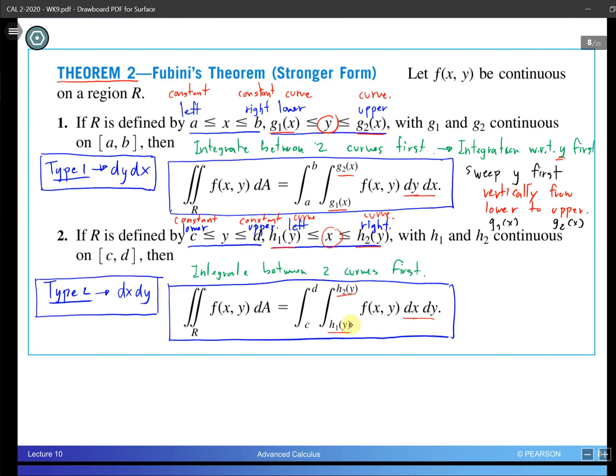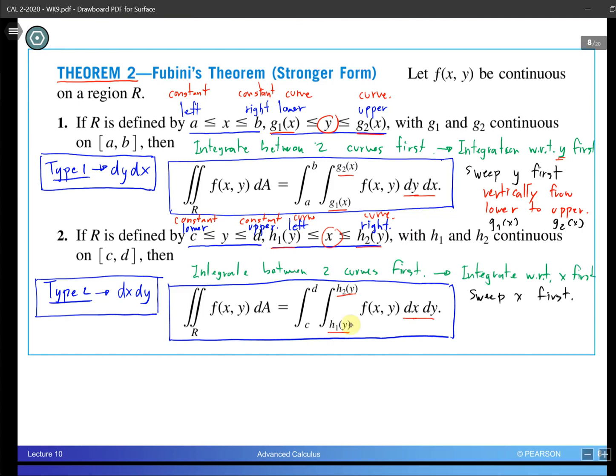Now let's go into the details of this integration. So integrate between two curves first. In this case, it's going to be the integration with respect to the x variable first. Which means that we are going to sweep the x variable first, and when you sweep x, you sweep in the horizontal direction.